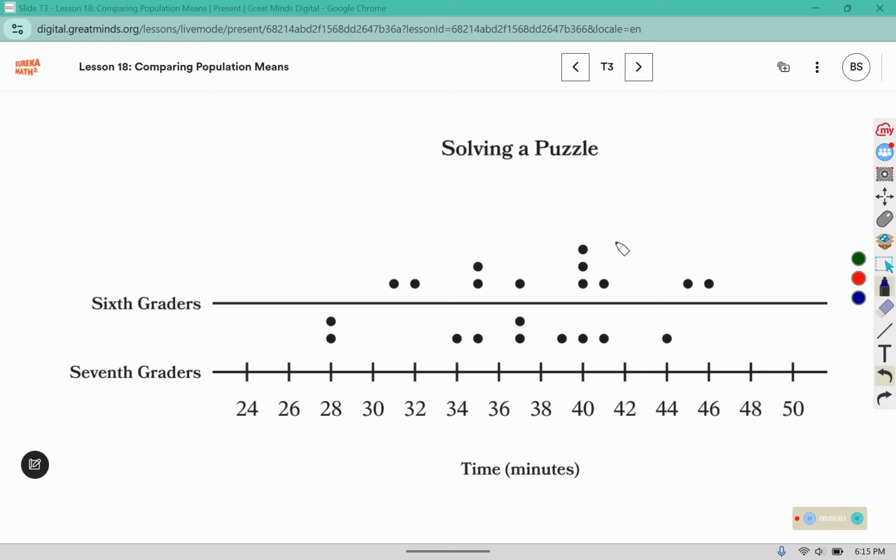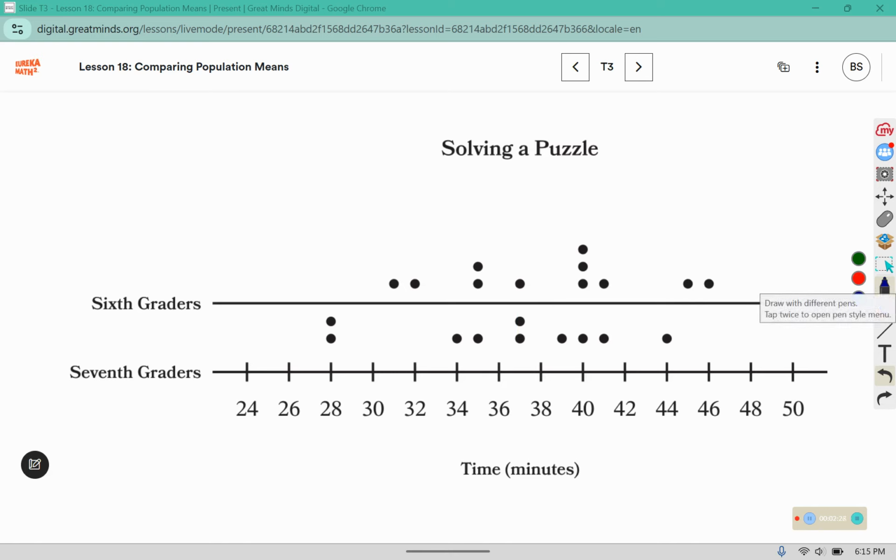So if we look at this one, we could say that it is approximately symmetric. This one you might say is slightly skewed because there's some points here. The center would fall somewhere in here, and maybe somewhere in here for this one.